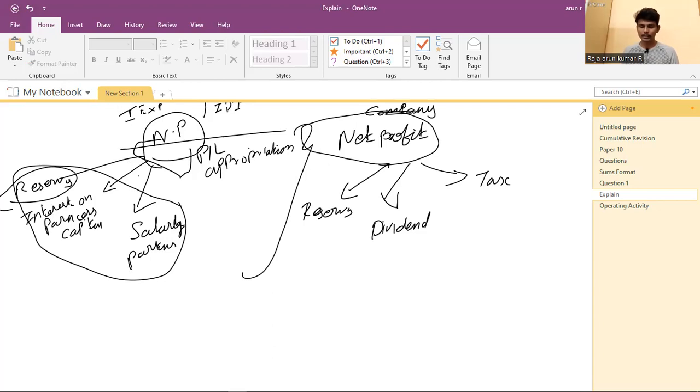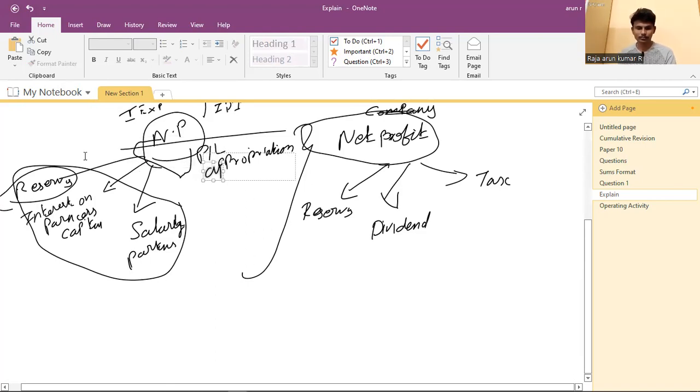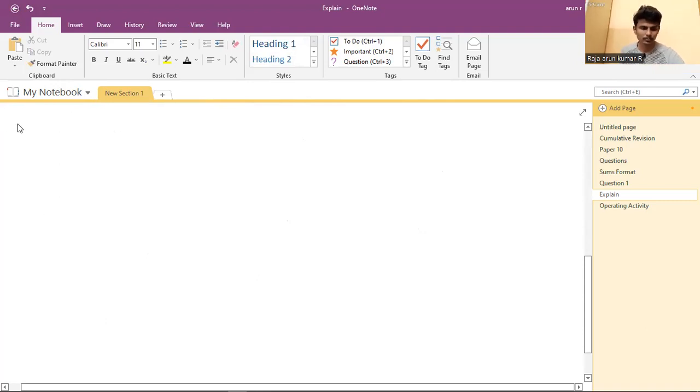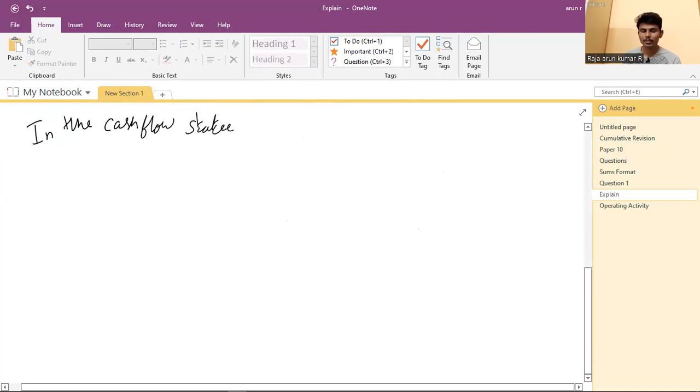In the cash flow statement, we do everything in the reverse way. How to do it?